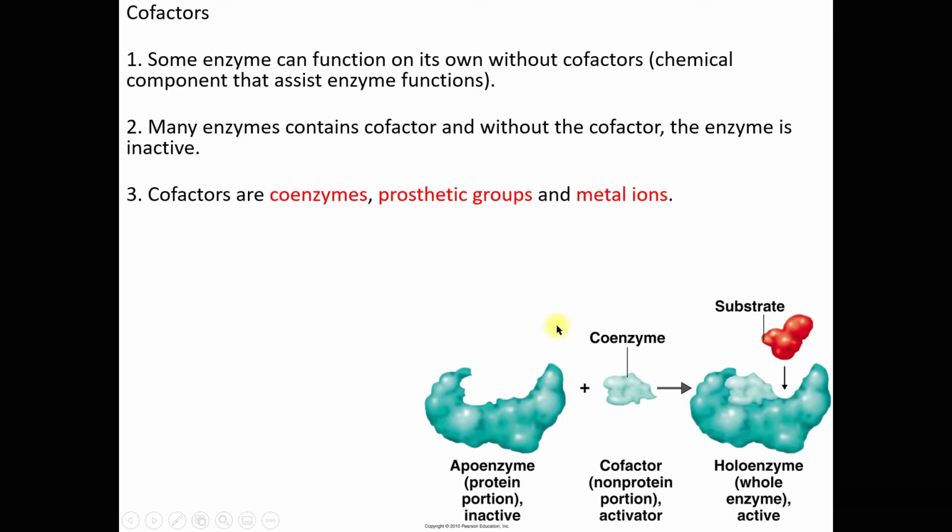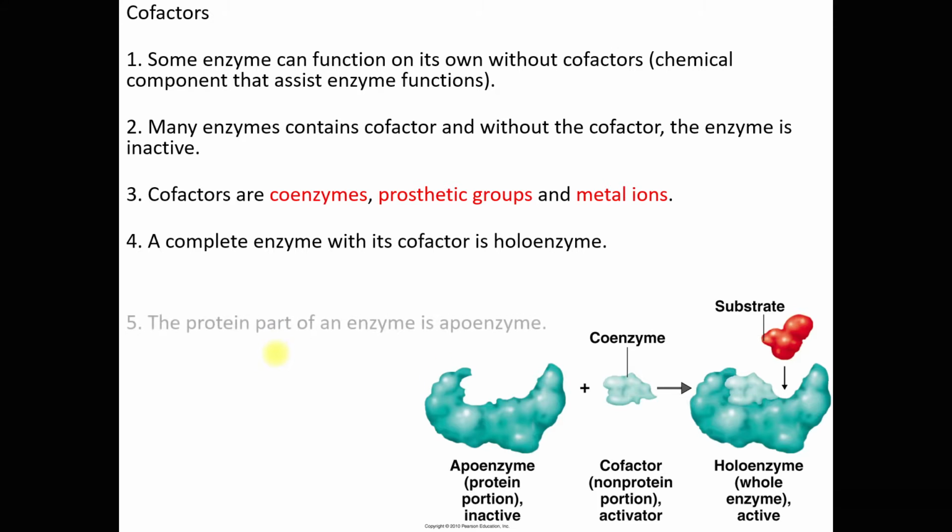Now, there are three groups of cofactors that we are going to discuss: the coenzymes, prosthetic groups, and metal ions. A complete enzyme with its cofactor is known as the holoenzyme, like I mentioned earlier.